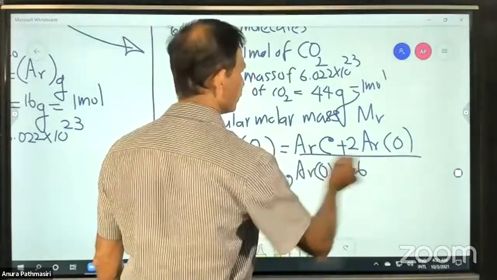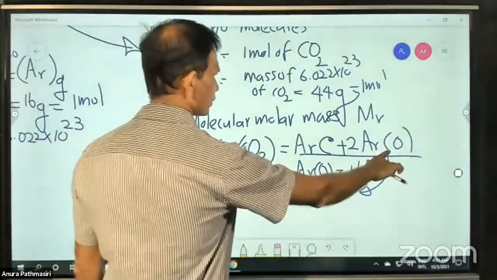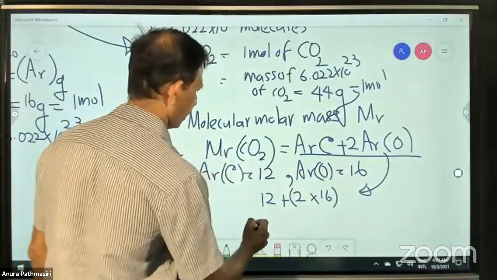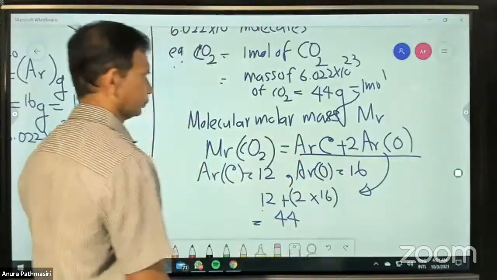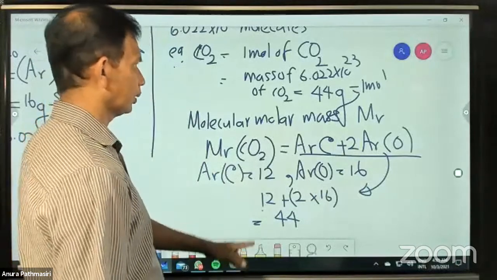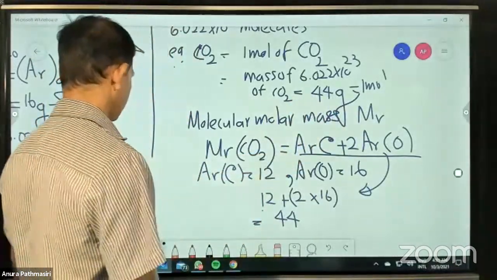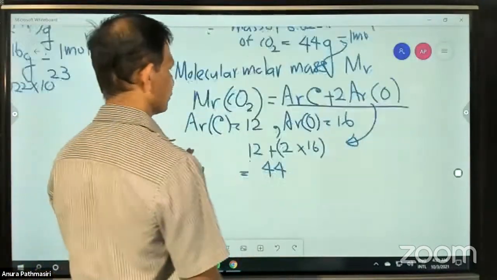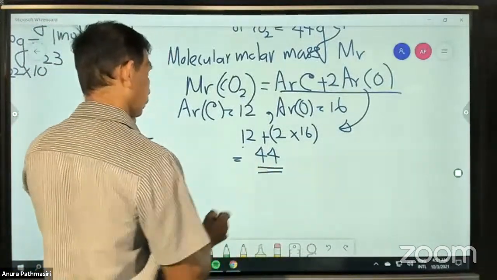So the value is 12 plus 2 times 16, which gives you 44. Mr, the relative molecular mass of carbon dioxide, is 44. That is how I got 44.